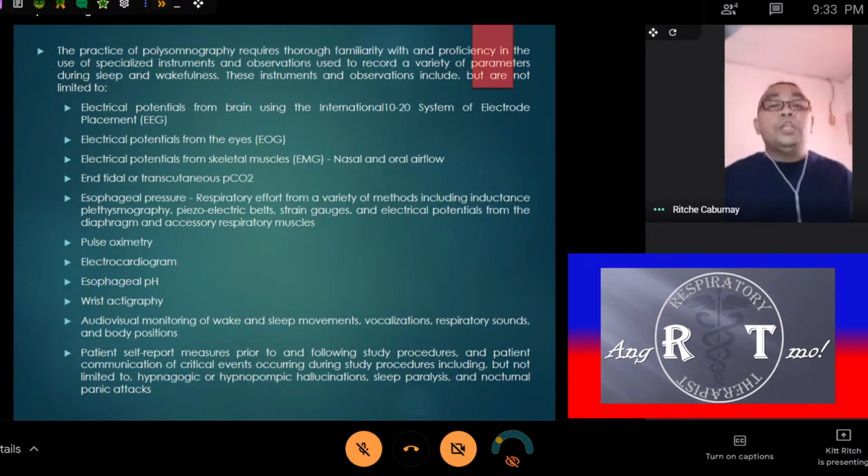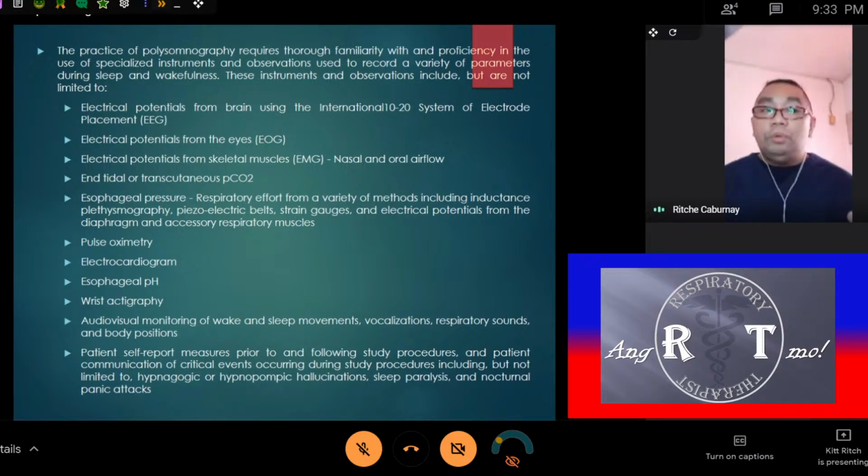Because remember, you're not only monitoring the patient's breathing patterns and snoring, you also want to look at the patient's activities, mannerisms, or behaviors while they're sleeping. That's the reason why you put in audiovisual monitoring: CCTV cameras and microphones attached to the pharyngeal areas to monitor sound activities.